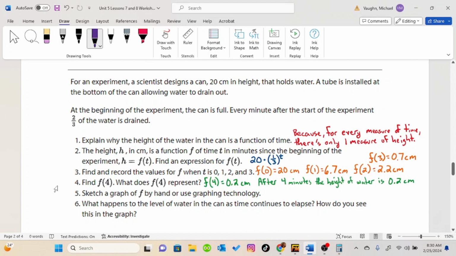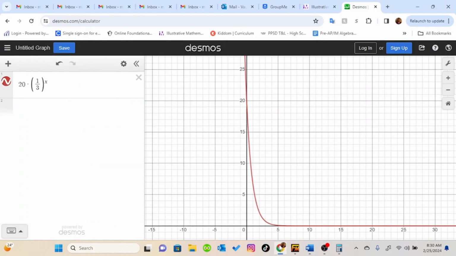And number 6, what happens to the level of water in the can as time continues to elapse? How do you see this in the graph? If we look at the graph, you can see that as it continues, it gets closer and closer to 0 without ever actually hitting it.